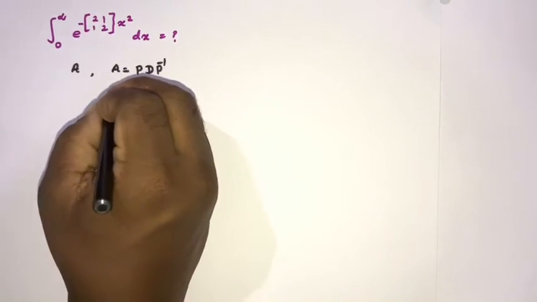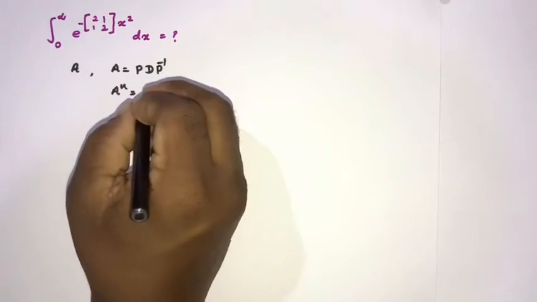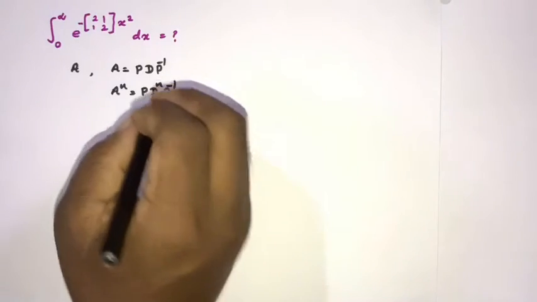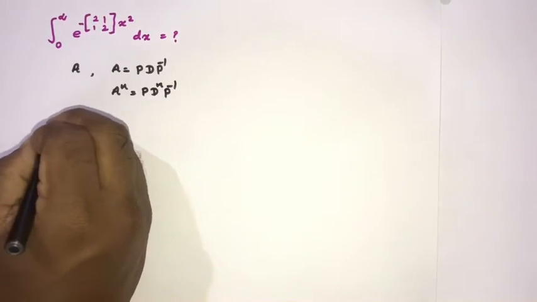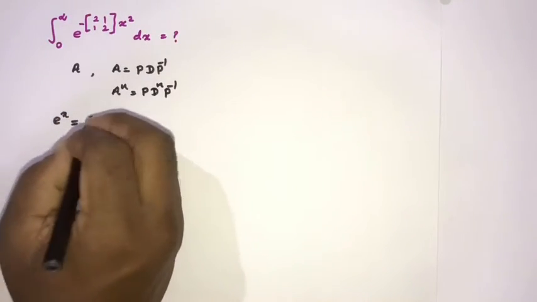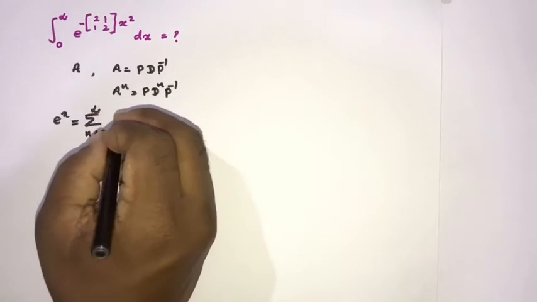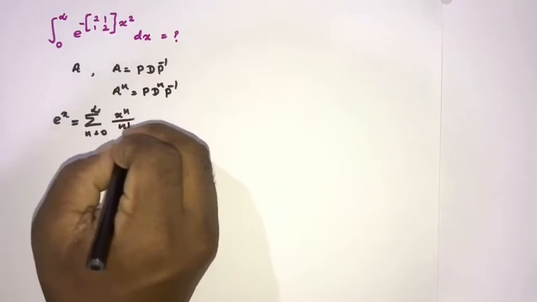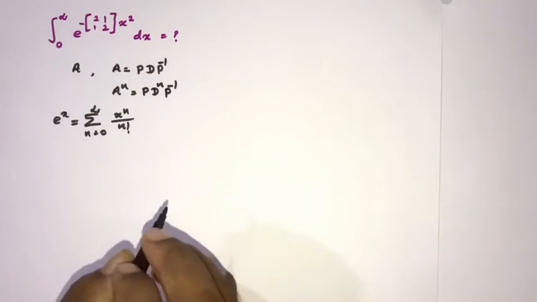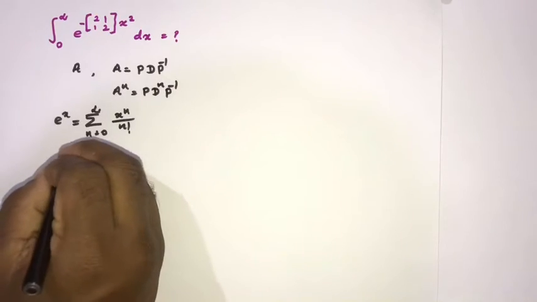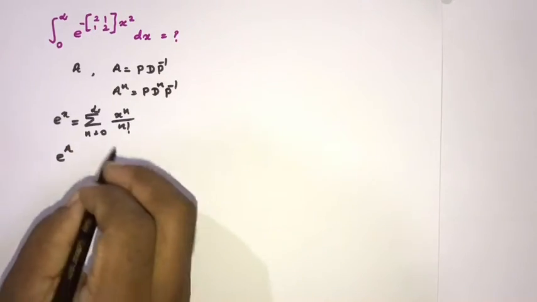So if we take A to the n, this is equal to P D to the n P inverse. Then we know the power series of e to the x is the sum from 0 to infinity of x to the n over n factorial. Then instead of x, I am going to plug in A. So e to the A is a 2 by 2 matrix.